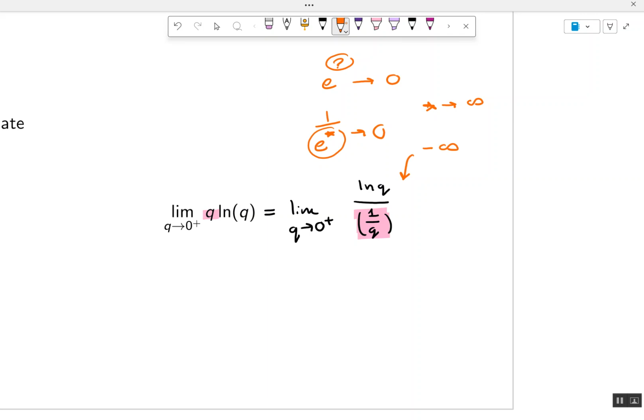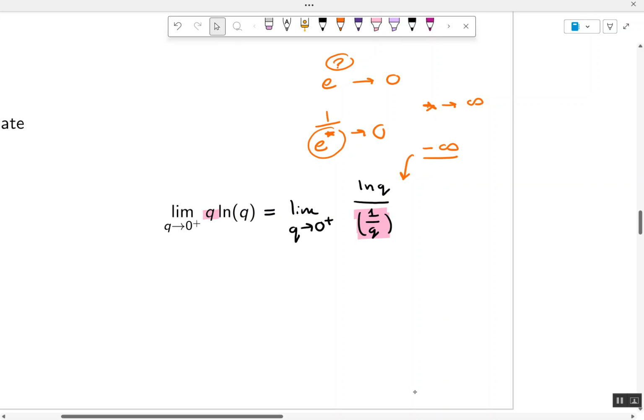On the bottom, I have 1 over 0, right? And I'm approaching 0 from the right, so I'm getting closer and closer to 0.